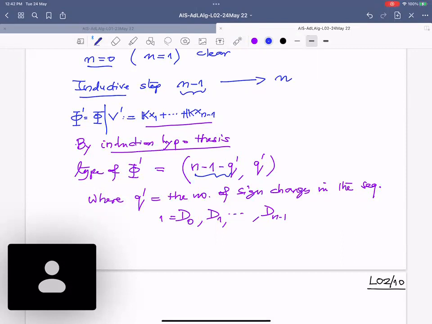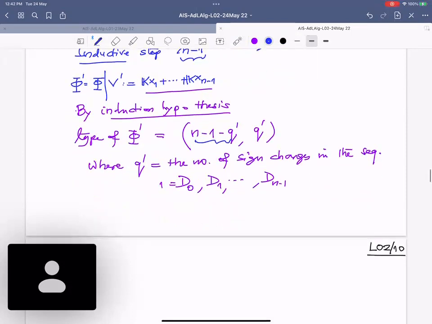That is what Sylvester's law says. So by Sylvester's law, n minus 1 minus q prime will be less than or equal to n minus q.